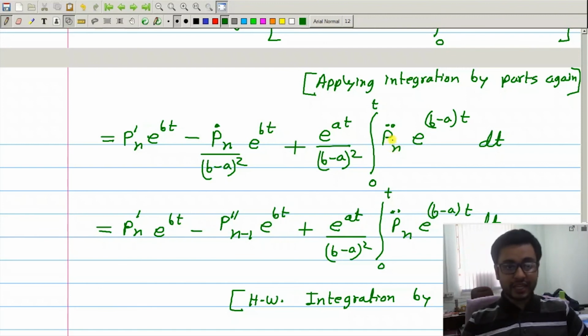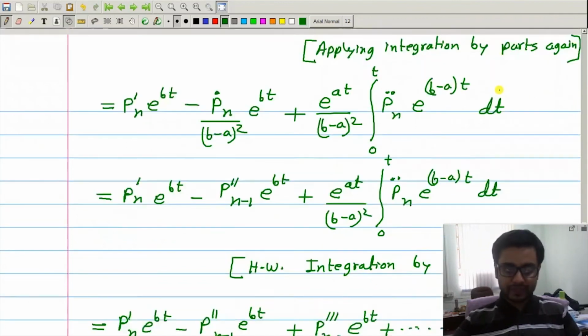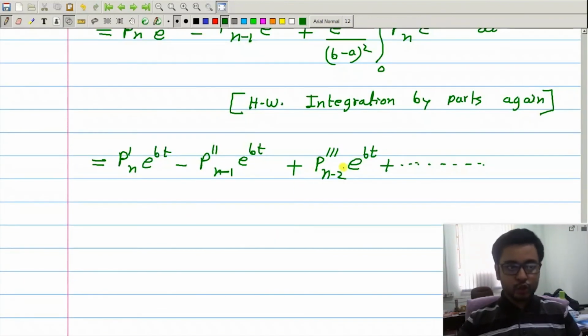If you differentiate a polynomial again and again, after n number of derivatives it will become a constant. So at that point your process of repetitive integration by parts will stop, and by that time you will have many other terms like this: nth degree polynomial, n minus 1th degree, n minus 2, and so on. Finally you will have maybe some constant times e to the power bt.